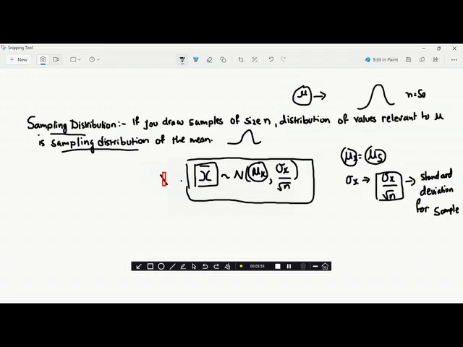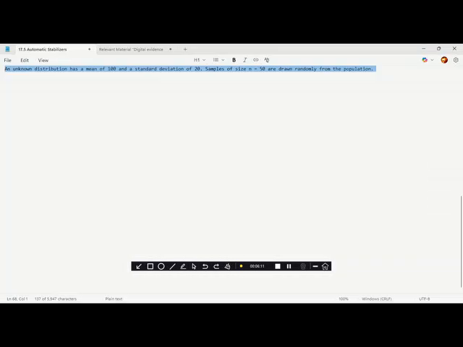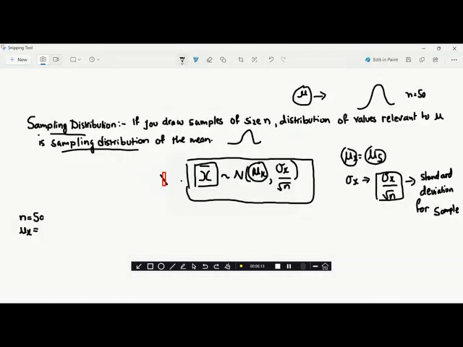So we know that the sample size, which is n, is 50. We also know that μx, or the average of the population, or the mean of the population, is 100.